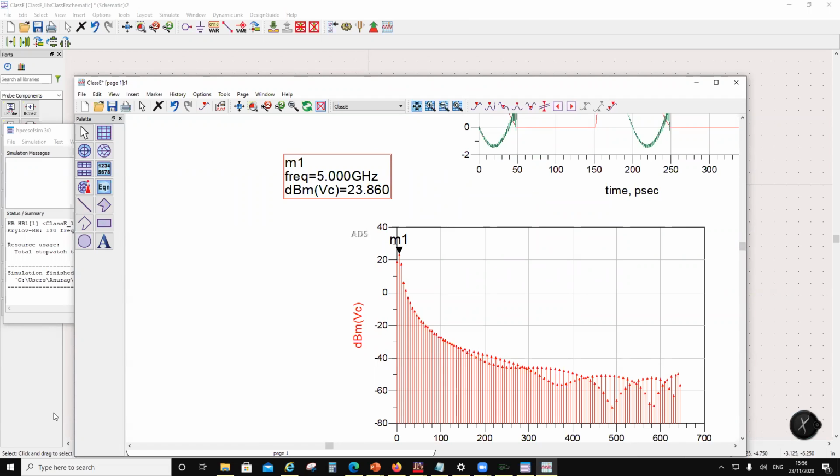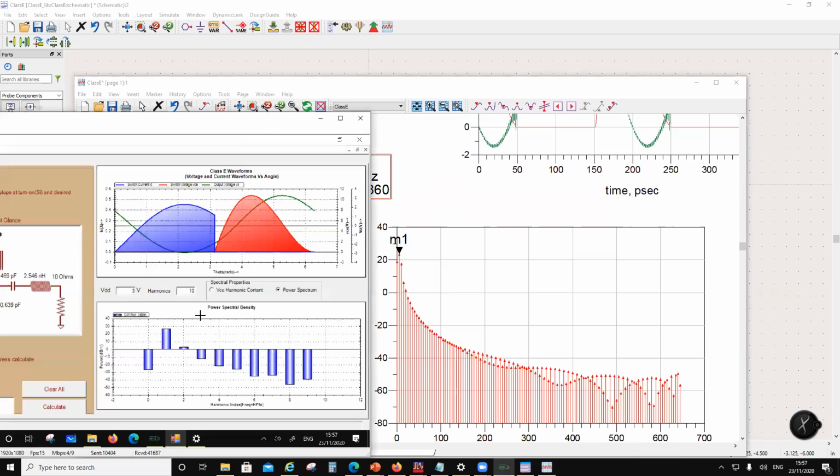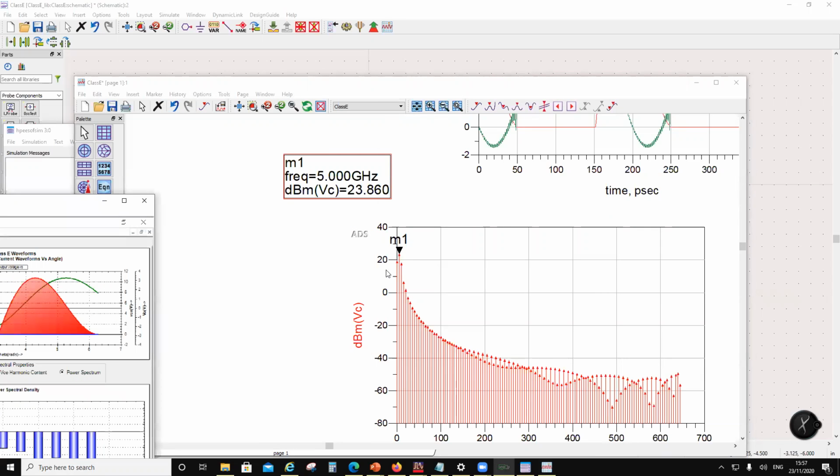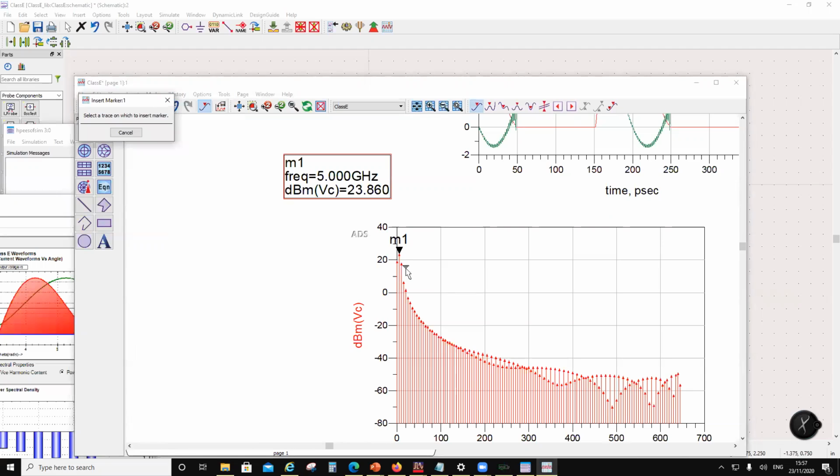Okay, so here there is a mistake in my software, but I'll show you. Here I kind of messed up with the sign, but this is going to be 23 dBm. Okay, so this is 23 dBm harmonic balance. And this is going to be 17 dB down.